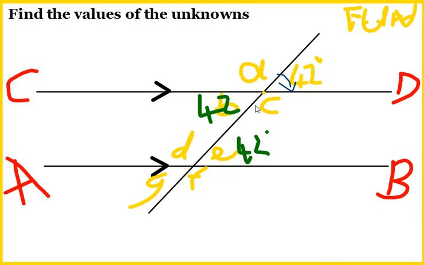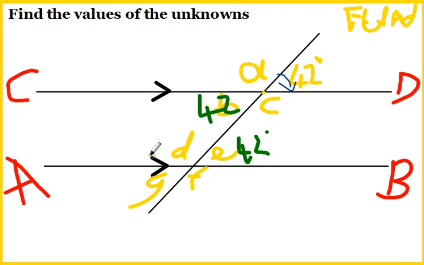So let's look at what else we can do. I can also use the same reason, alternating angles, but our Z would look like this, and so D and C are equal to each other. Unfortunately, we don't have values for them yet, but let's look at how we can get them using just FUN.